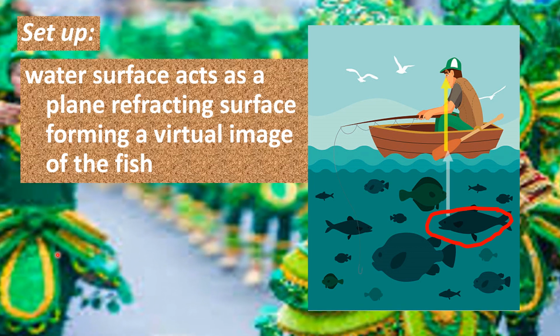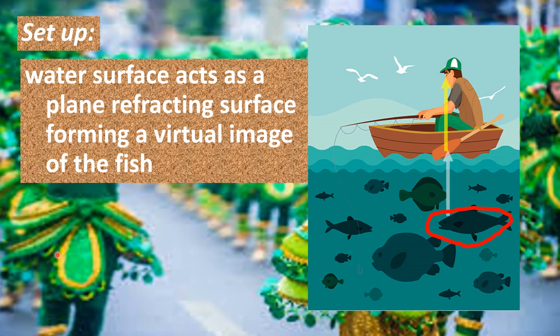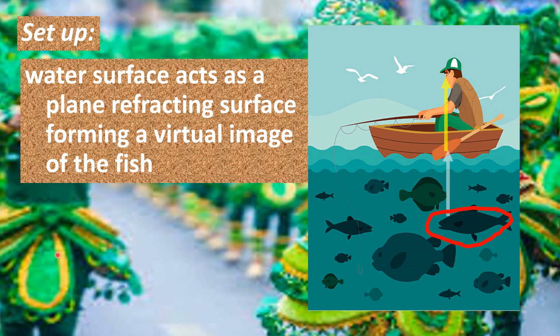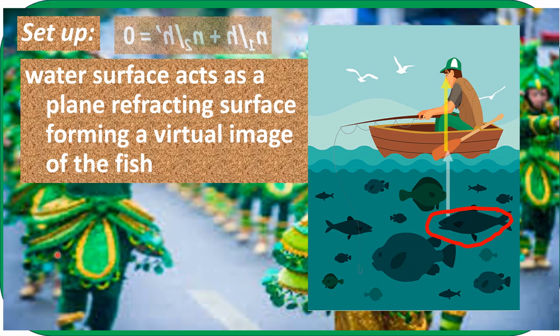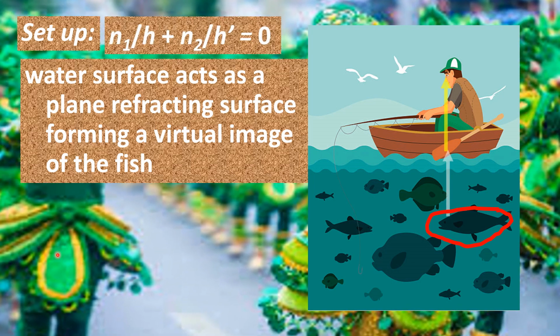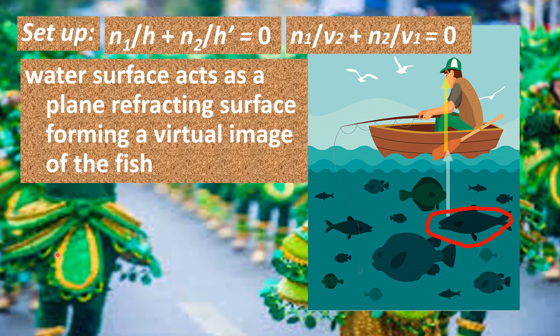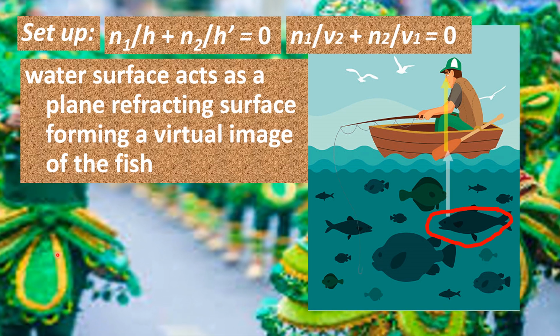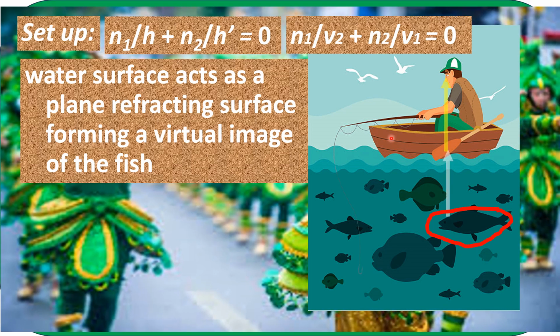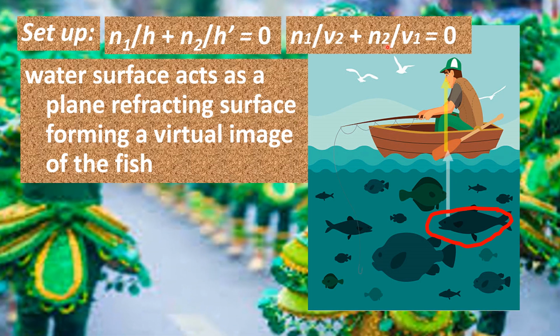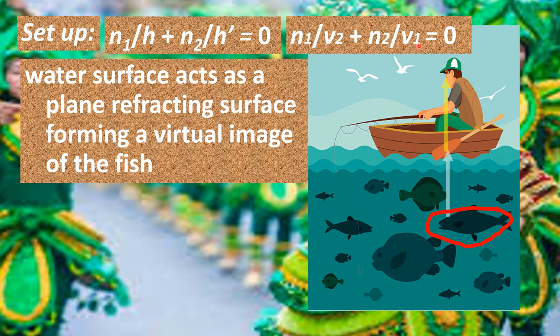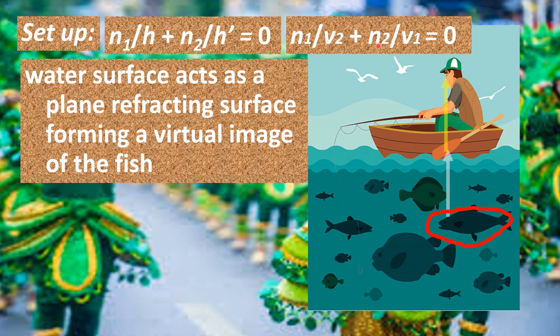Now, one version of the Snell's law equation, which is n1 over v2 plus n2 over v1 must be equal to 0.